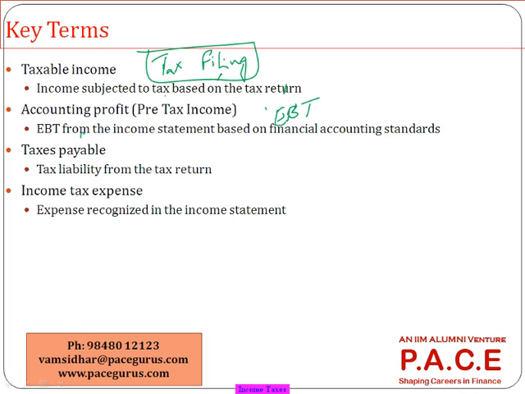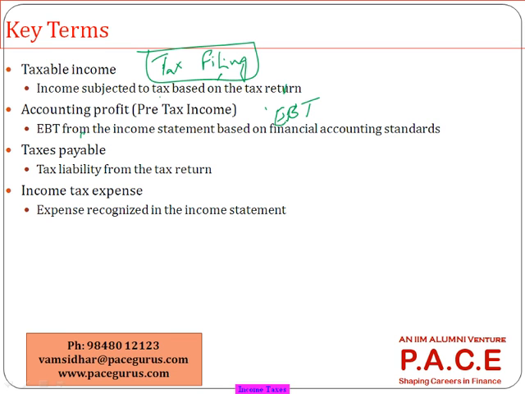When we go with the financial P&L statement of financial reporting, it is the pre-tax income on which tax will be applied. These two can be different. So when you are doing a tax filing, whatever PBT comes is called taxable income.